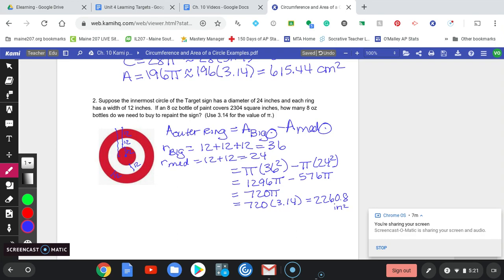That's how much the outer ring is. And then we also need to find the area of the bullseye, which is that small circle. That's going to be pi times its radius, which is 12 squared. So that's 144 pi. And when we plug in 3.14 for pi, we find out that the area of the bullseye is 452.16 square inches.